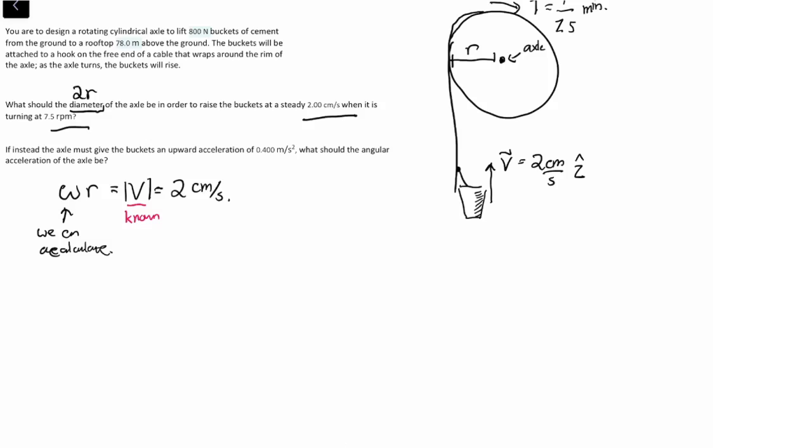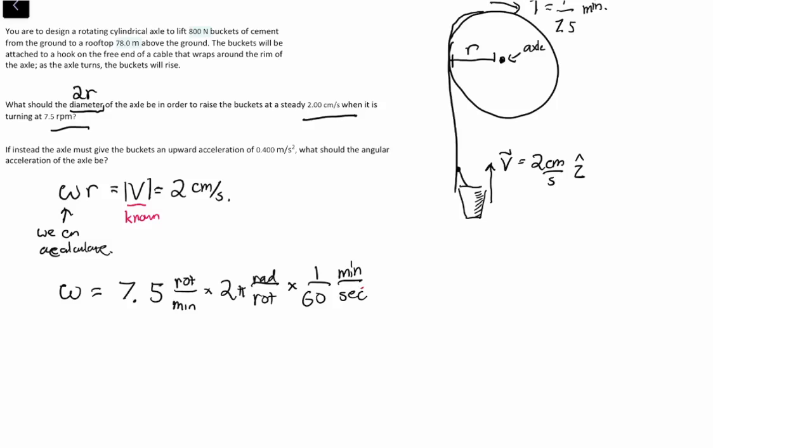And the angular velocity, omega, we're going to need to get it into the right units, and we're going to need to calculate it. So we know that the angular velocity in some units is 7.5 RPM. So this will be 7.5 rotations per minute times 2 pi radians per rotation times 1 over 60 minutes per second.